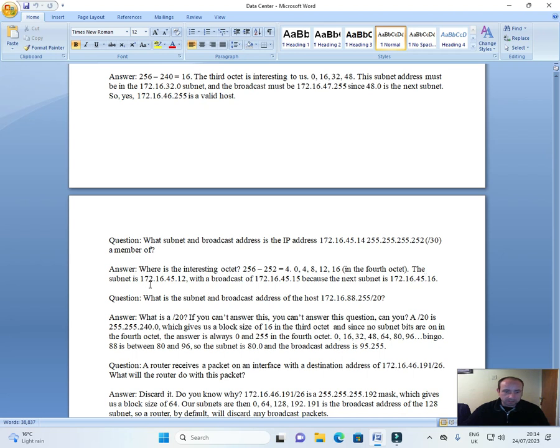The subnet is 172.16.45.12 with a broadcast of 172.16.45.15, because the next subnet is 172.16.45.16.